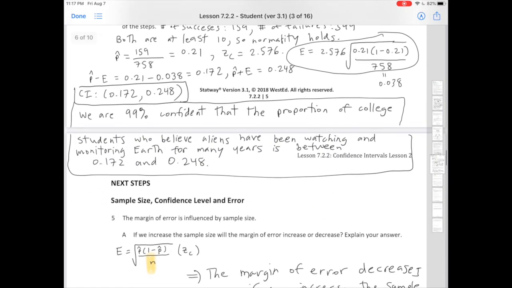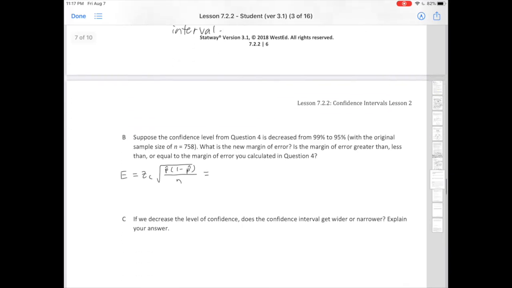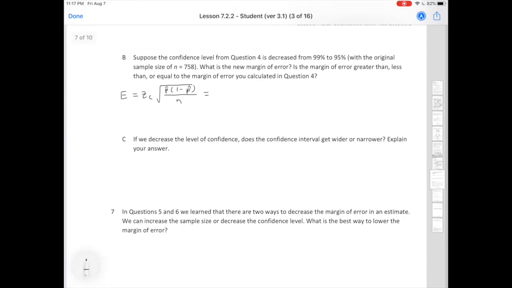So we're going to replace the 2.576 with 1.976. Or sorry, 1.96. And let's see what we get. So we're keeping everything else the same. So I'm going to go ahead and do this on my calculator as well. And let's see what we get.